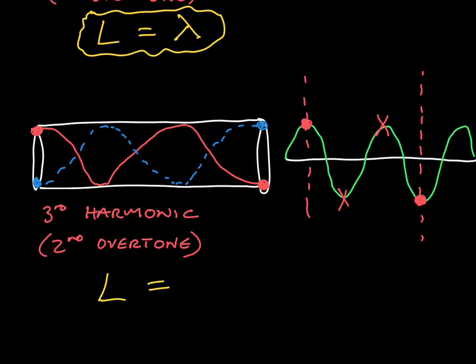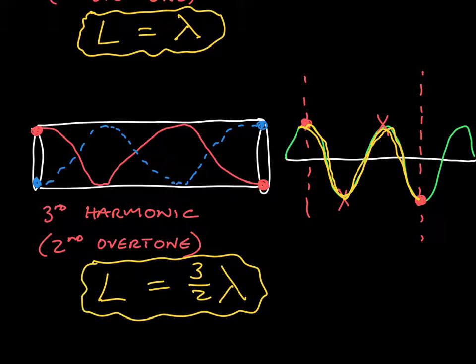Well, it turns out that if we look at this green pattern here, where I'm tracing over in yellow, if we look at just that portion, we're looking at 1.5 times the wavelength. Can we rewrite this in terms of wavelength? Sure we can. The wavelength is equal to 2/3 the length of the pipe.